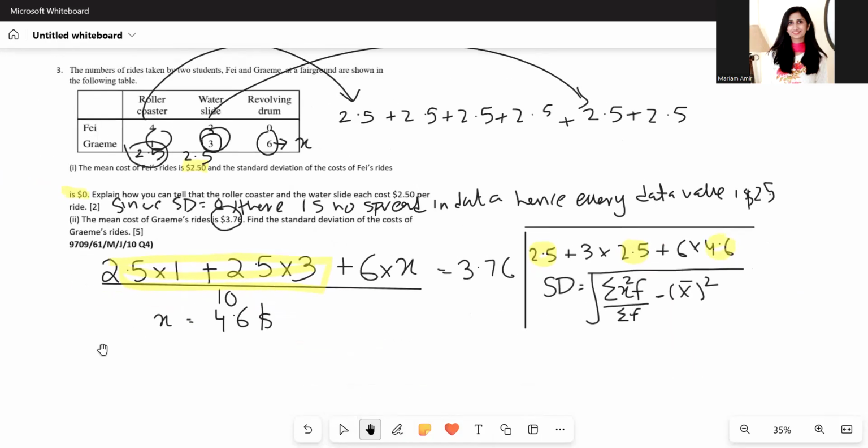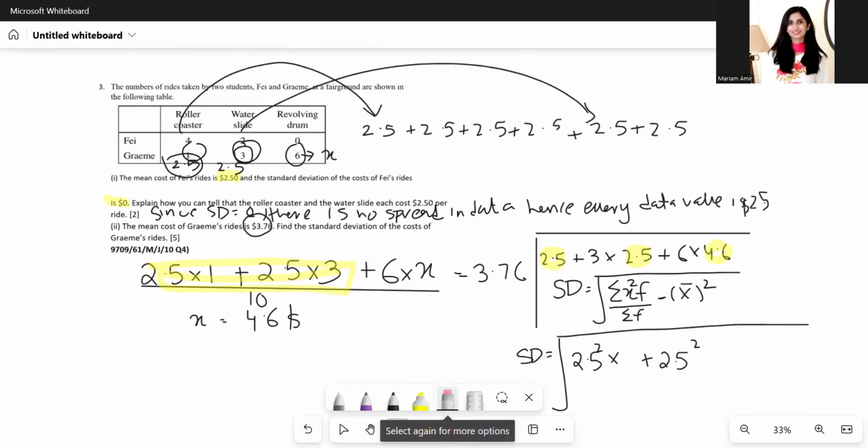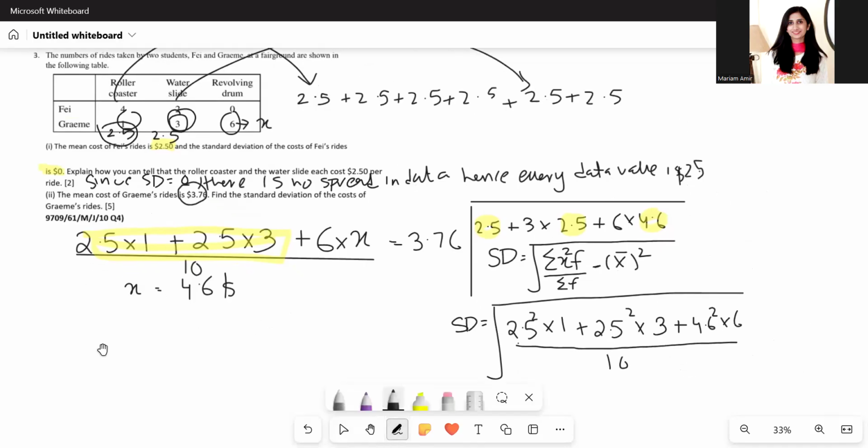So we take the square root of 2.5 squared times its frequency, which is 1, plus 2.5 squared times 3, plus 4.6 squared times 6, divided by, we have 10 data values here, minus the square of the mean, and we already know the mean from the question, 3.76.